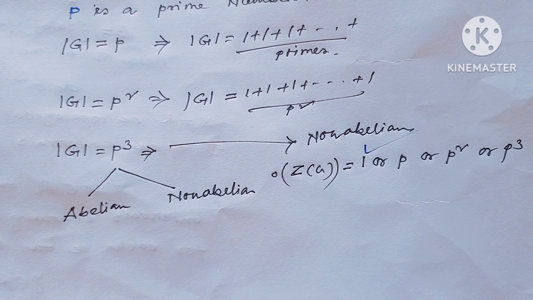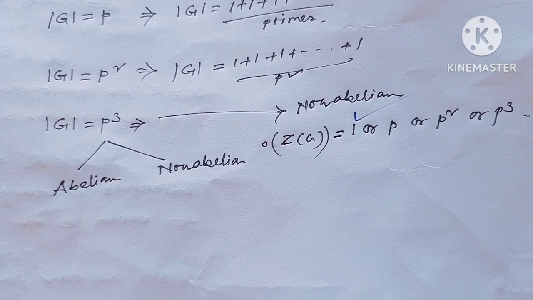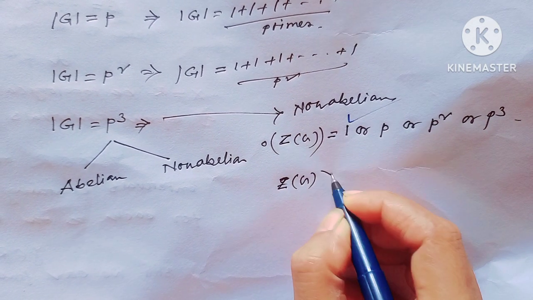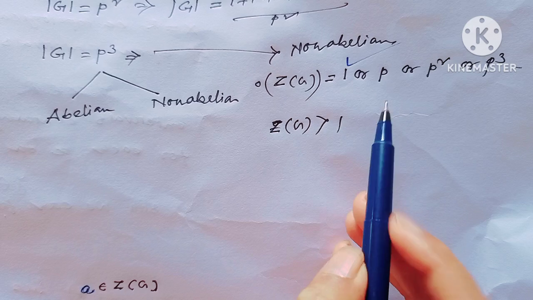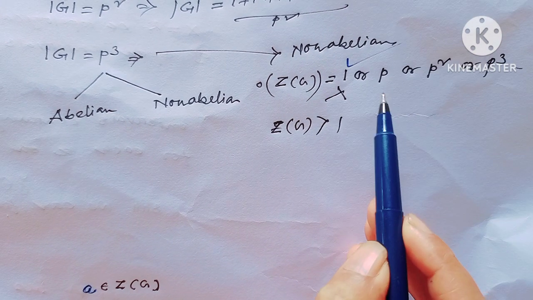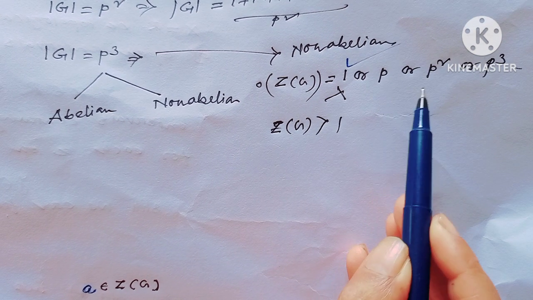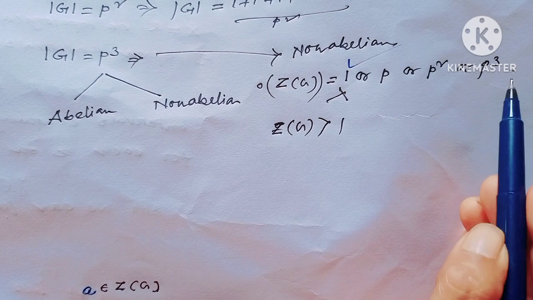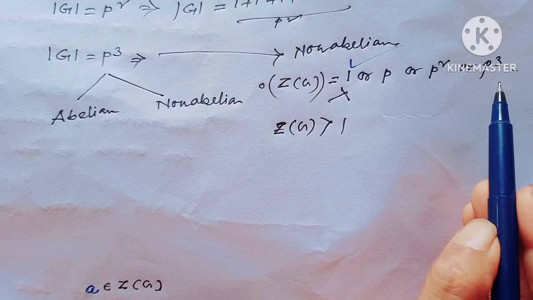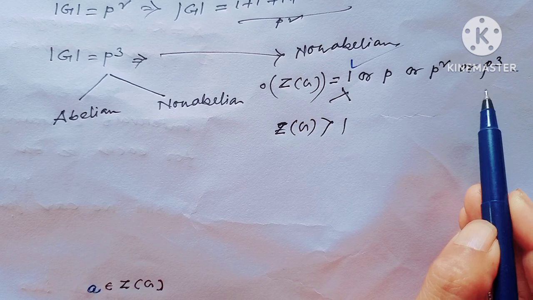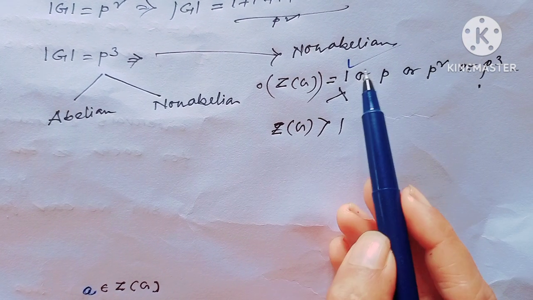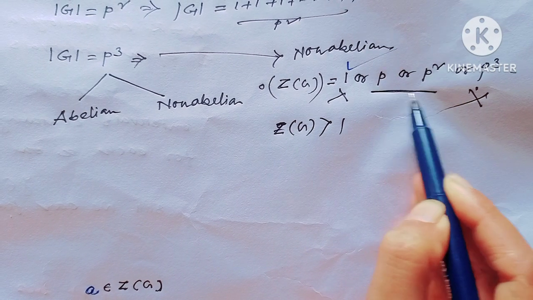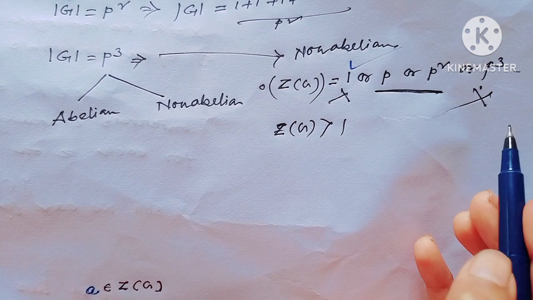We all know that for a group of order P cubed, always Z(G) is greater than 1. Since 1 is not possible, another possibility is either P or P squared. P cubed is not possible: when the order of Z(G) equals the order of the whole group, then obviously this implies the group is abelian. But here the group is given as non-abelian, so P cubed is not possible. The only possibility is either P or P squared.